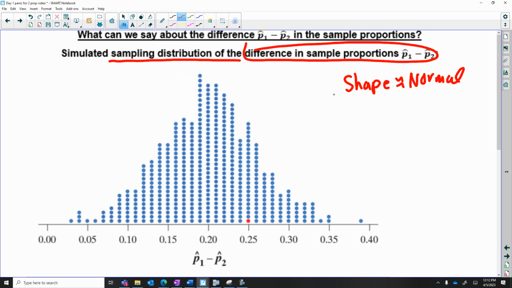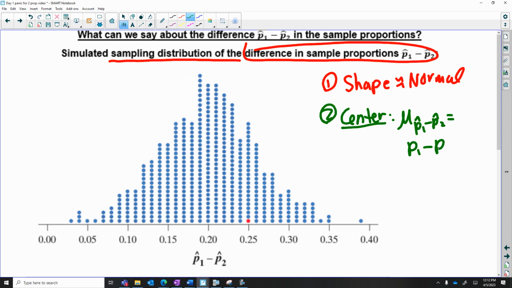If that's met, then the shape of the difference will also be approximately normal, which you see it is. The center should be centered at the true center, which is mu of p1 hat minus p2 hat. It should be centered at the true p1 minus p2, the true parameter.